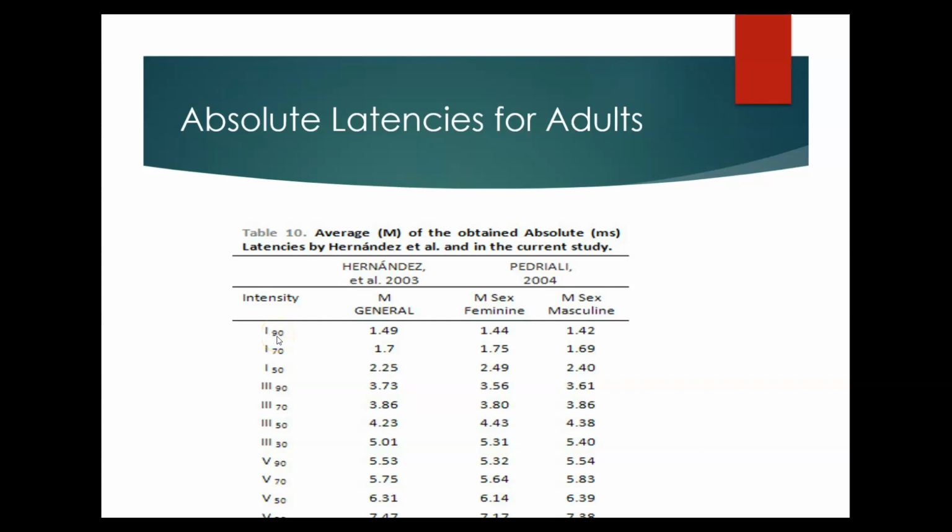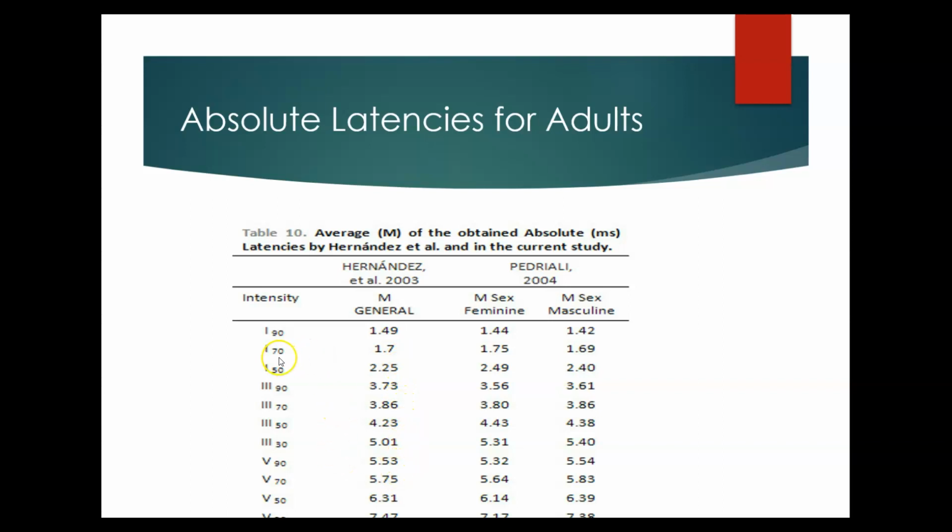So at the intensity of 90 decibels, in the general adult population, we would expect to see wave 1 at 1.49 milliseconds. Each of these is measured in milliseconds.